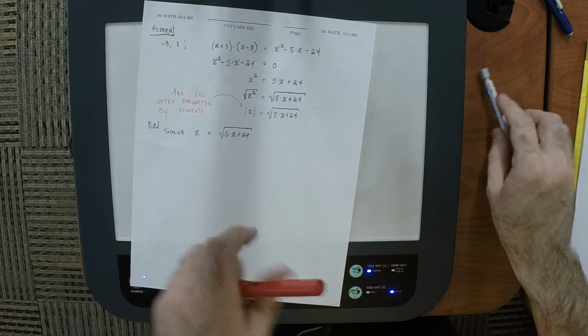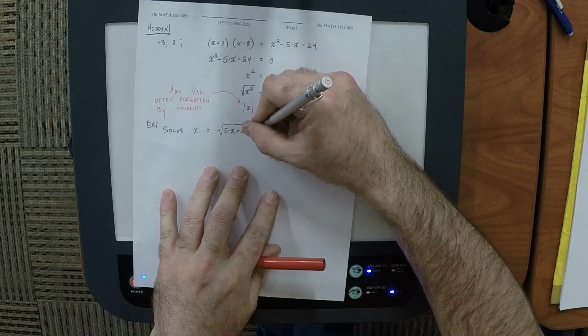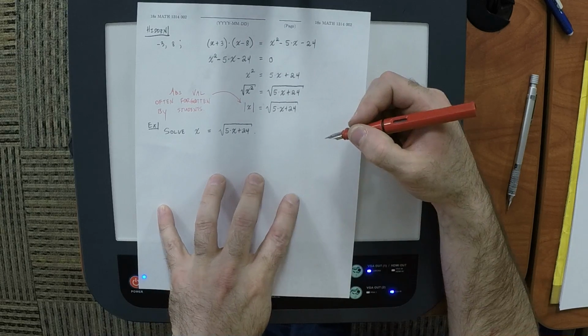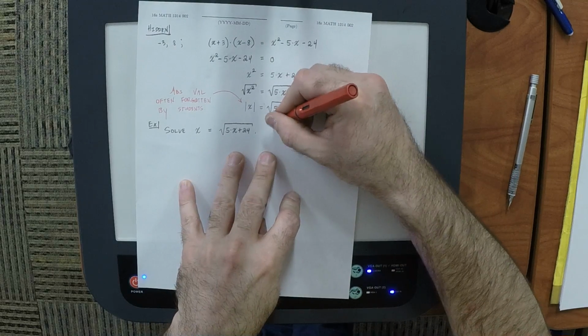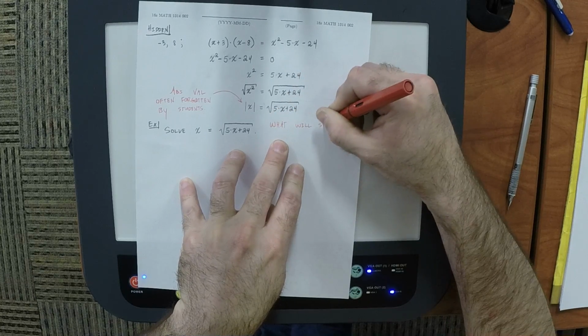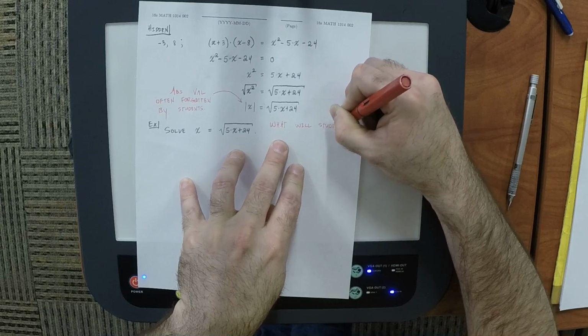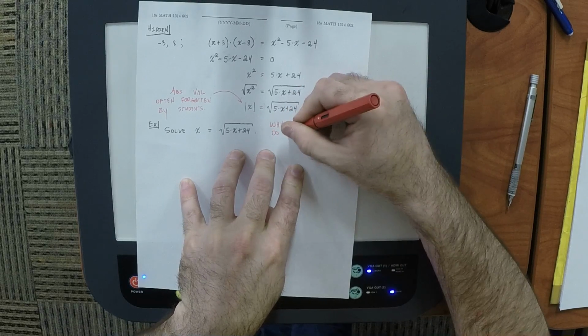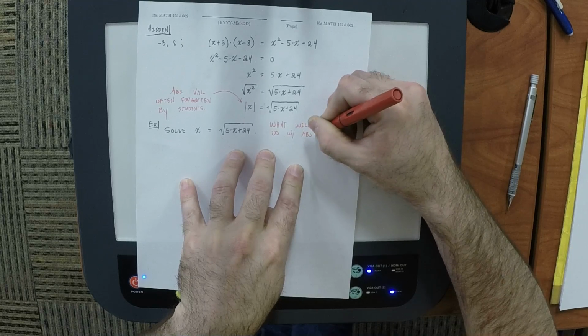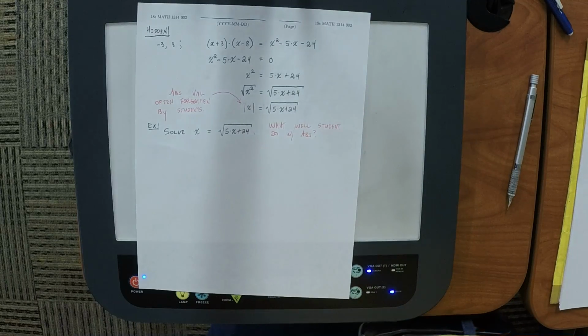The absolute value. The point of this exercise. This is not the statement of the exercise. This is me telling you what the point of the exercise is. What will the student do with the absolute value, which is missing? What will happen?